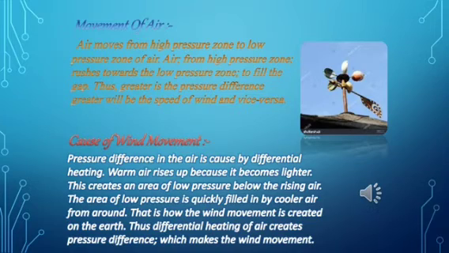So this difference in heating of air creates pressure difference. Once there is pressure difference, the wind movement takes place. So did you understand why there is movement of air? The movement of air is there only because there is a difference in pressure. So when there is difference in pressure, the wind starts to move.